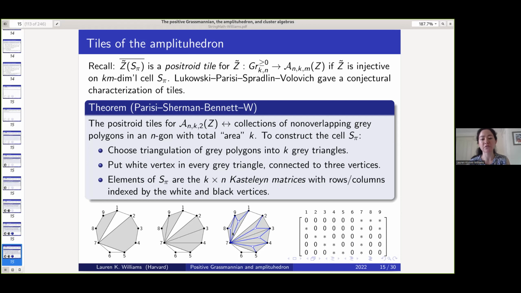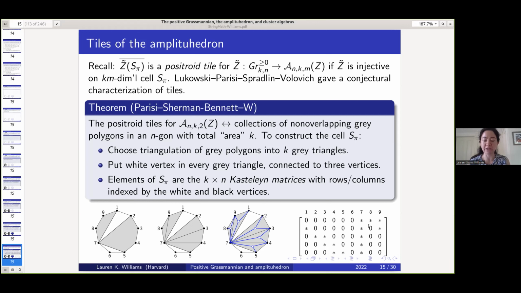I have a triangle here with vertices 7, 8, 9, and that gives rise to this row, which has stars in positions 7, 8, 9. Basically, if I allow the stars in this matrix to range over non-zero real numbers with the appropriate sign, I will get all points in a cell of the positive Grassmannian, and that cell maps injectively to the amplituhedron.